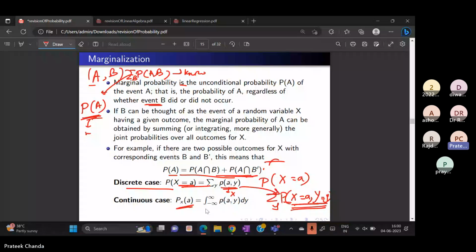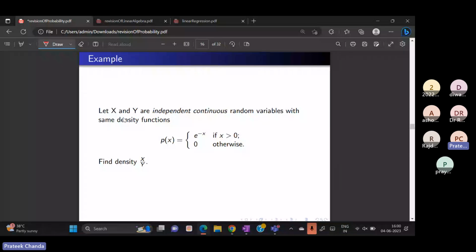Now we come to a small example. Let's say I have two independent continuous random variables x and y with the same density function. I want to find the density of x by y. It's given as follows: e to the power minus x for all x greater than or equal to 0, and 0 otherwise.